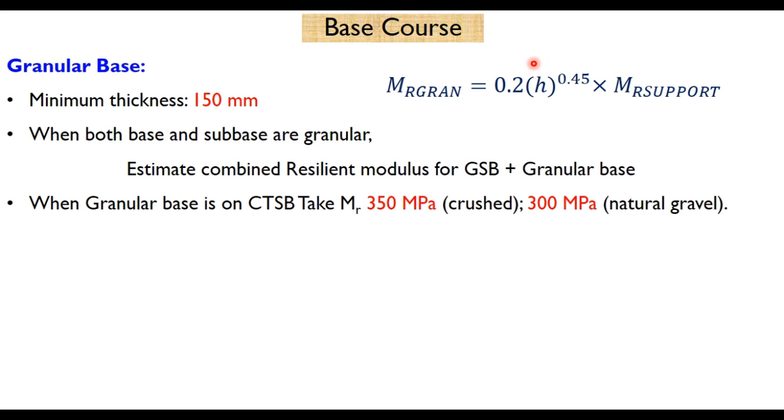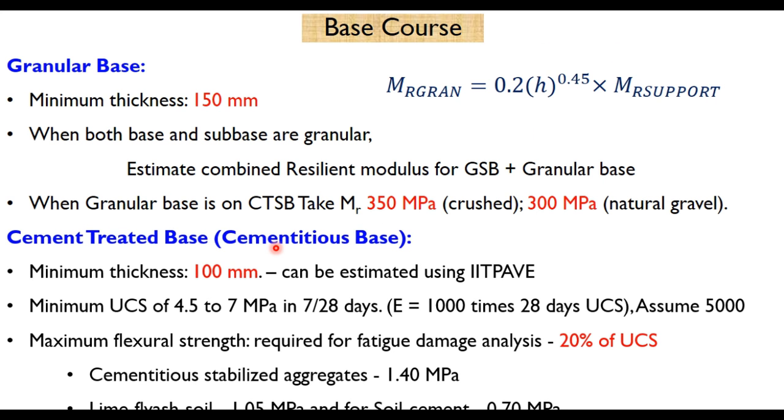In this equation, the thickness becomes the total thickness of subbase and base course layer, and MR support will remain the modulus value of subgrade soil. When we use CTSB, we can take MR value 350 megapascal if it is of crushed aggregate and 300 megapascal if it is natural gravel.